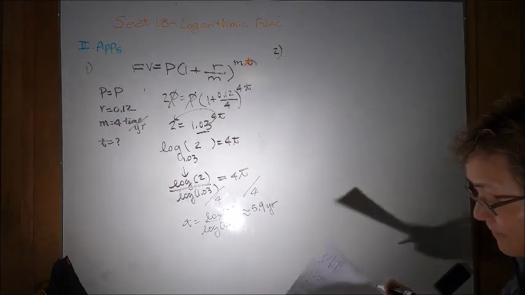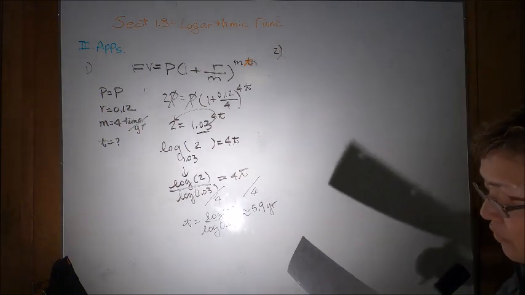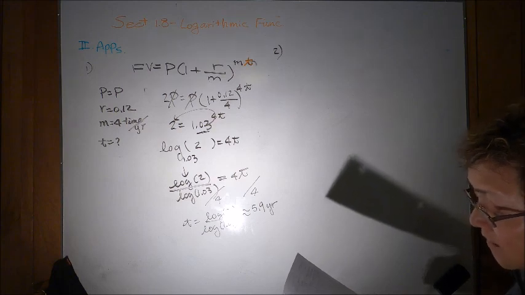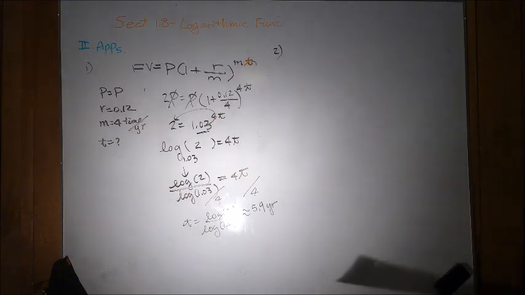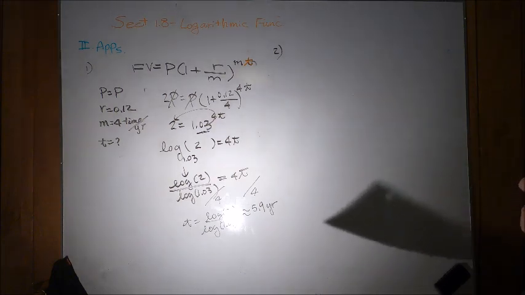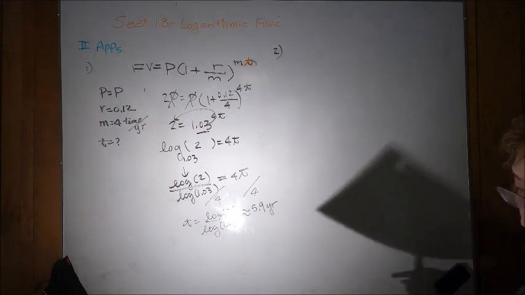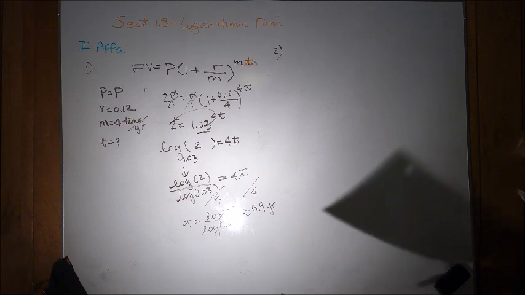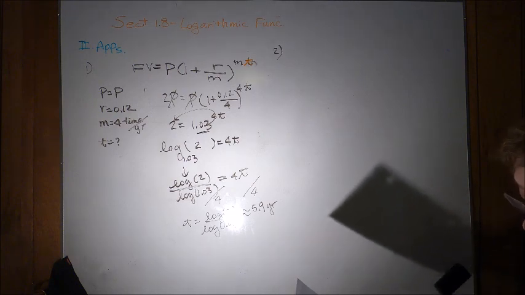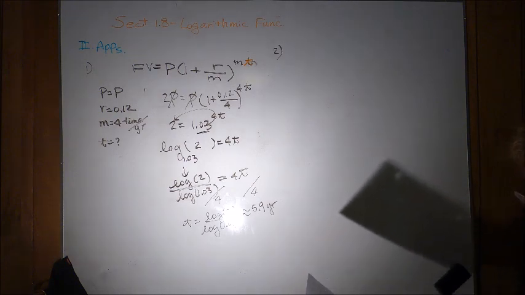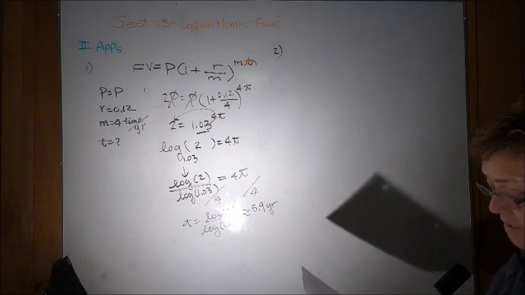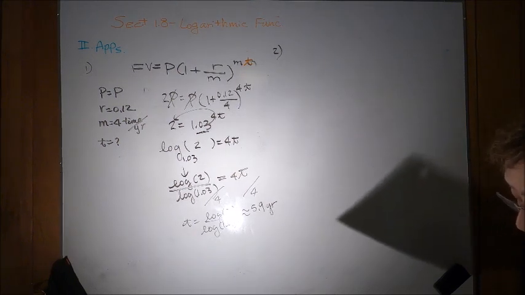Look, second one, finding tripling time with continuous compounding. So what's the continuous compounding formula? That's the one we are going to use. Look at the problem. It says a sum is invested at 15% interest, compounded continuously.